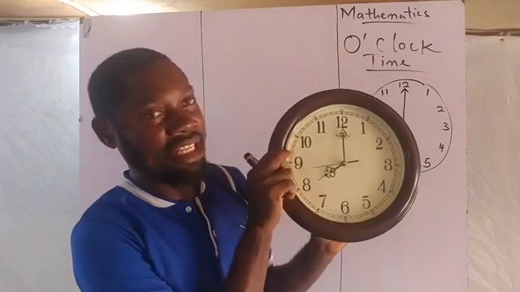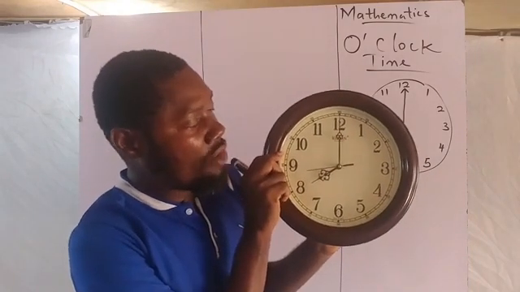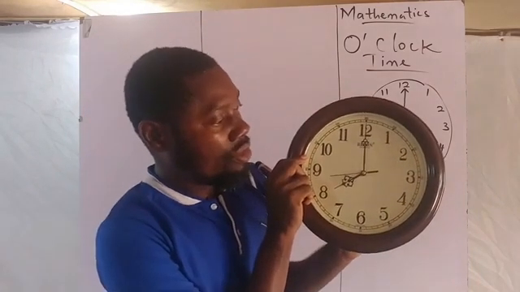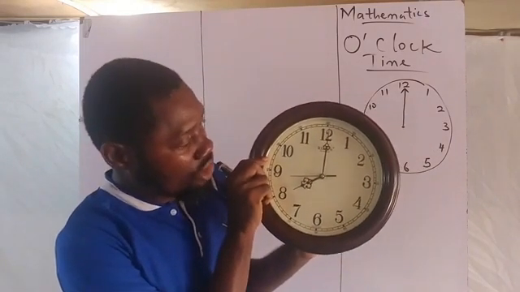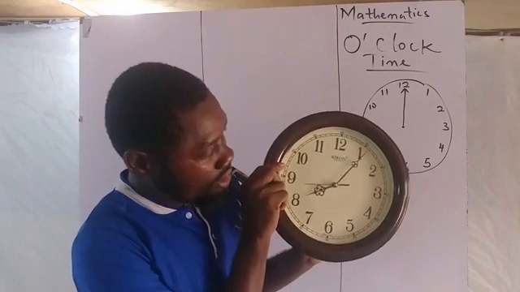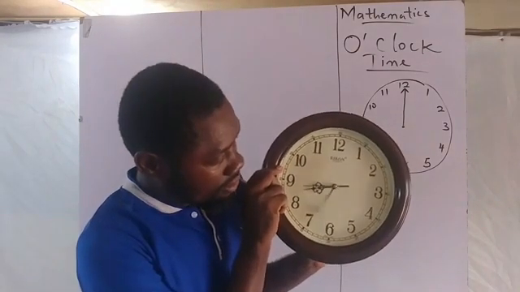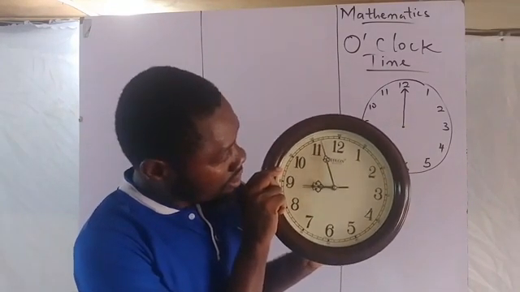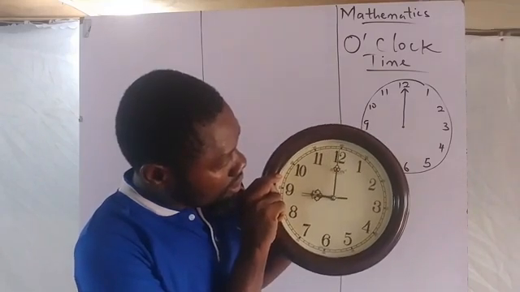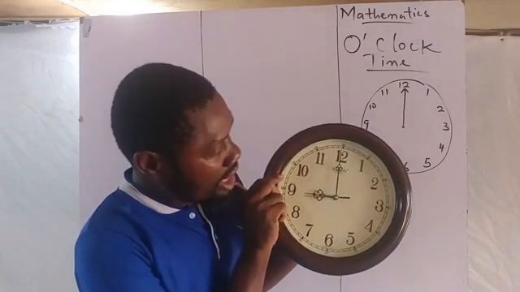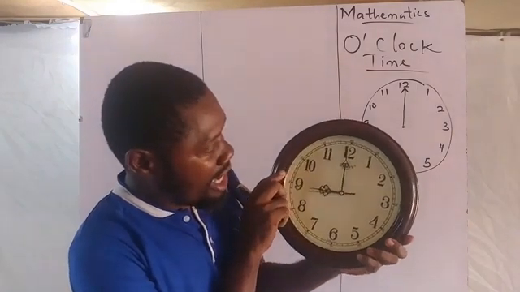Remember we said the minute hand revolves the clock once every hour is reached. I want to revolve that minute hand to make it go round again. Okay, now it's at 12 again.